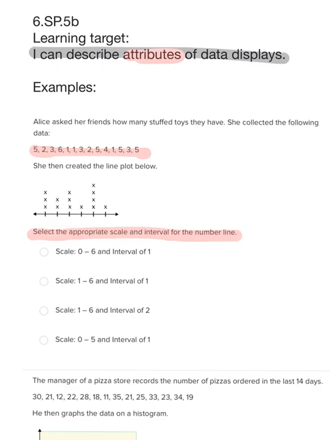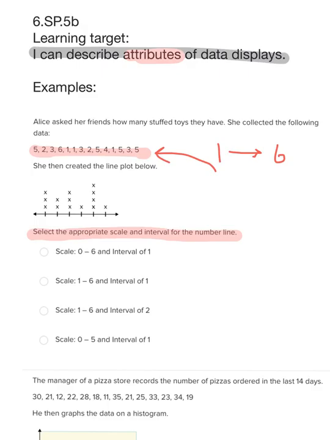So, if we look back up at our data, it looks like the smallest number is 1 and the largest number is 6. So we're going to at least have to have 1 to 6. And if I look at the line plot, there's 1, 2, 3, 4, 5, 6. There are 6 spots.